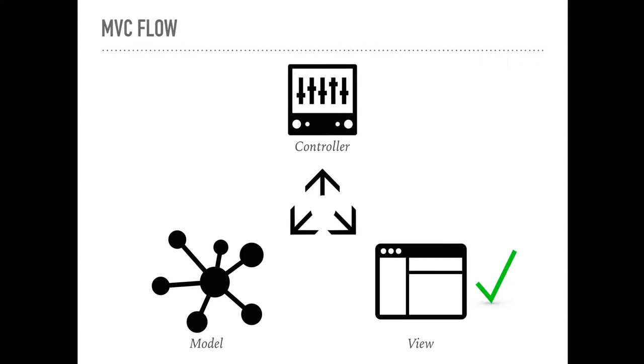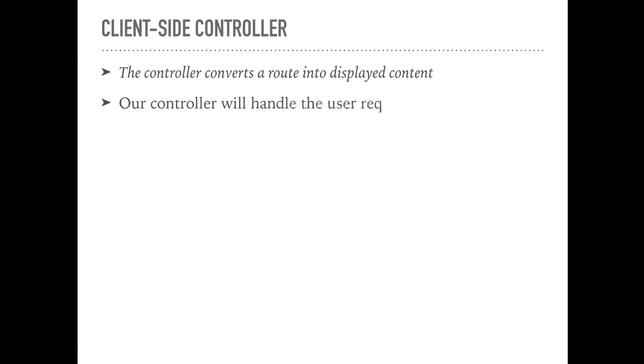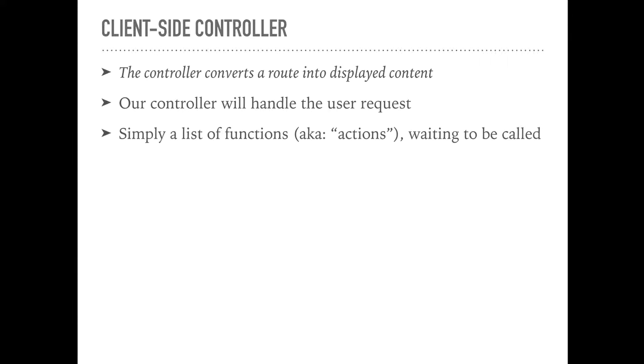Okay, so here's our architecture so far. We got the model, we got the view, and now we're going into controllers. Note that each resource can contain its own controller.